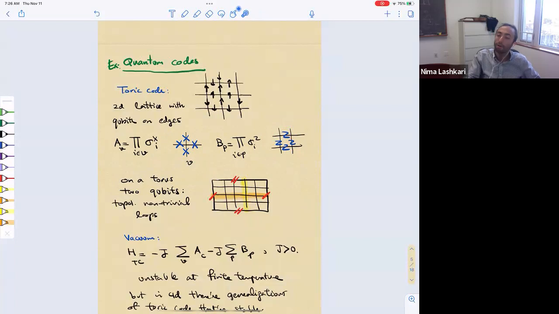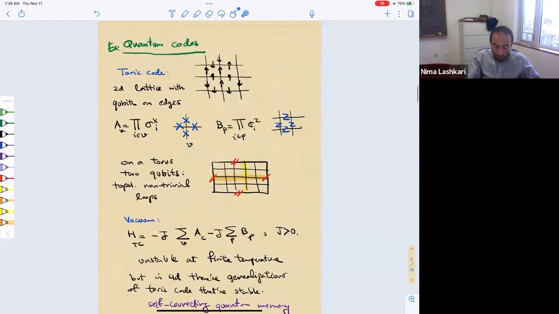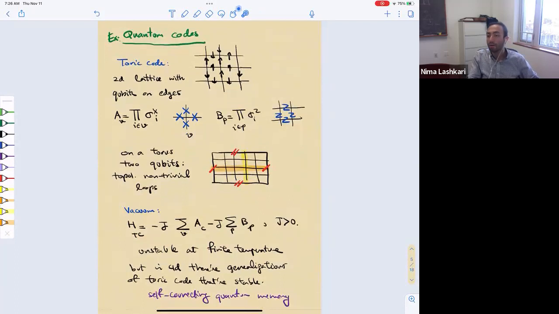These are plaquette operators, and for a Hamiltonian like this, a local Hamiltonian, it's clear that the vacuum of this Hamiltonian is going to be given by a four-dimensional vector. Sorry, I should clarify.